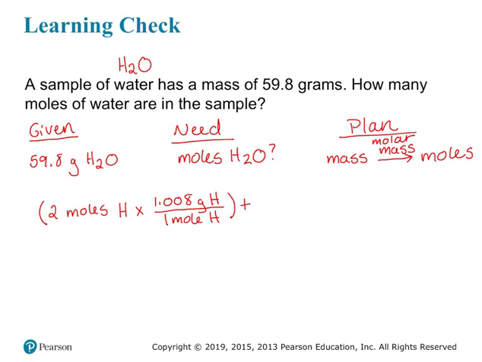And then we're going to add oxygen. So we just have 1 mole of oxygen, and we saw previously that oxygen's mass is 16 grams per mole.